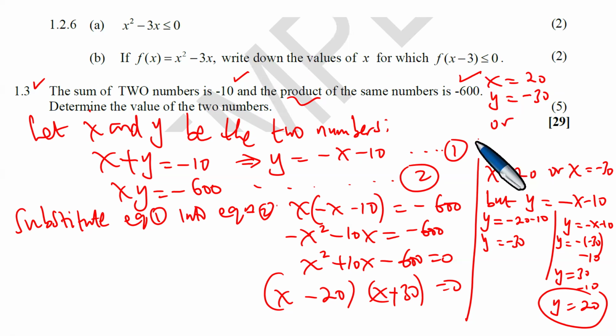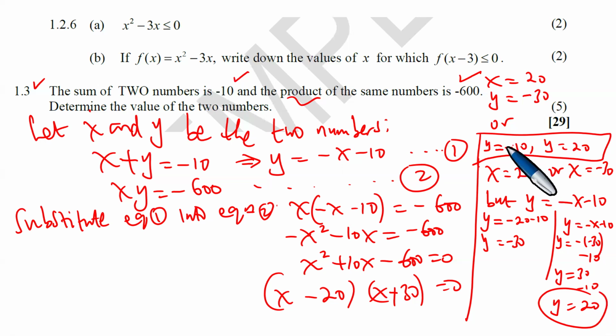Or you take the two numbers, I'm going to put them in the block. y is 20 and x is minus 30.